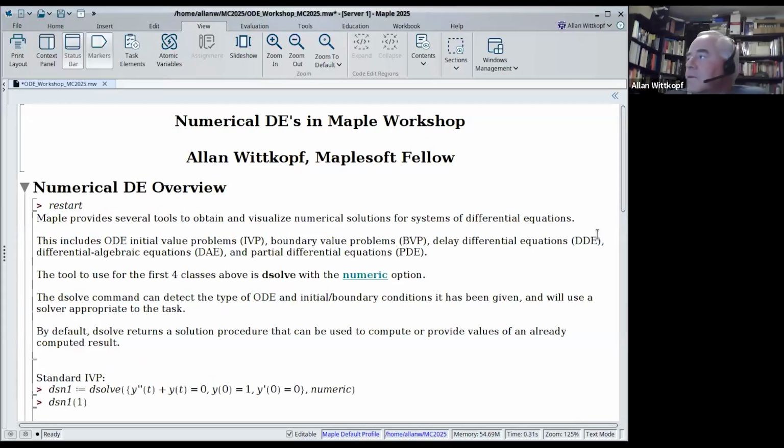So I'm just gonna start with an overview of the type of stuff you can do with numerical DEs in Maple. So we have tools for visualizing and computing numerical solutions of systems of differential equations for regular initial value problems, boundary value problems, delay differential equations, differential algebraic equations, and partial differential equations.